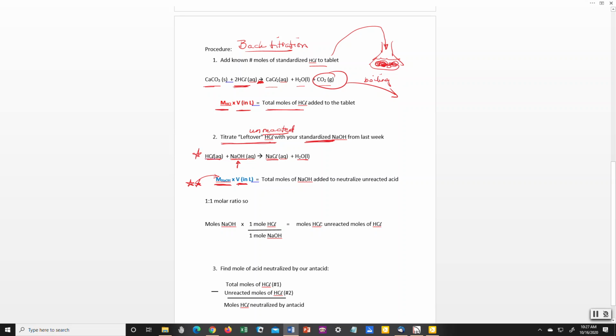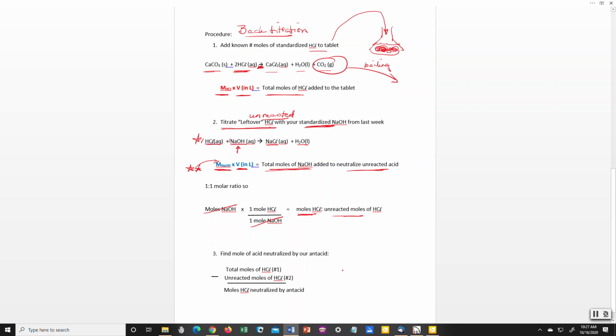The volume is from this week's titration, and that gives us the total moles of NaOH that are needed to neutralize that unreacted acid. Now, this is a 1-to-1 molar ratio. You can see that 1-to-1. So our moles of NaOH that we've just figured out times our molar ratio, 1 mole of hydrochloric acid per 1 mole of NaOH. Our moles of NaOH cancel, and that gives our moles of unreacted hydrochloric acid.